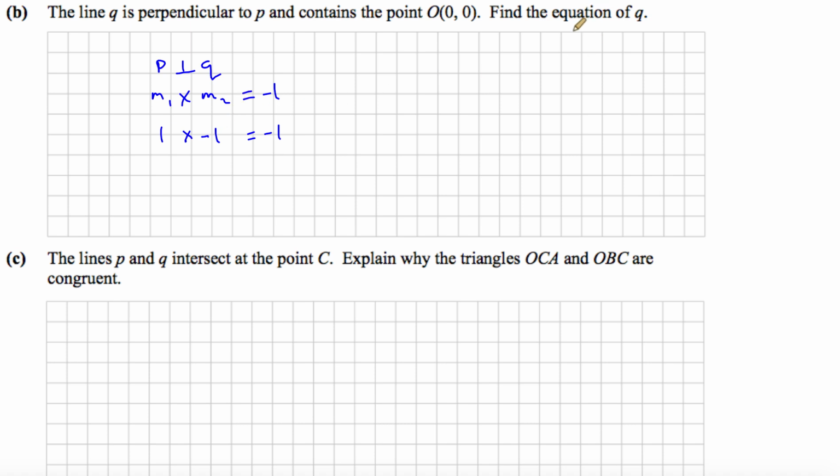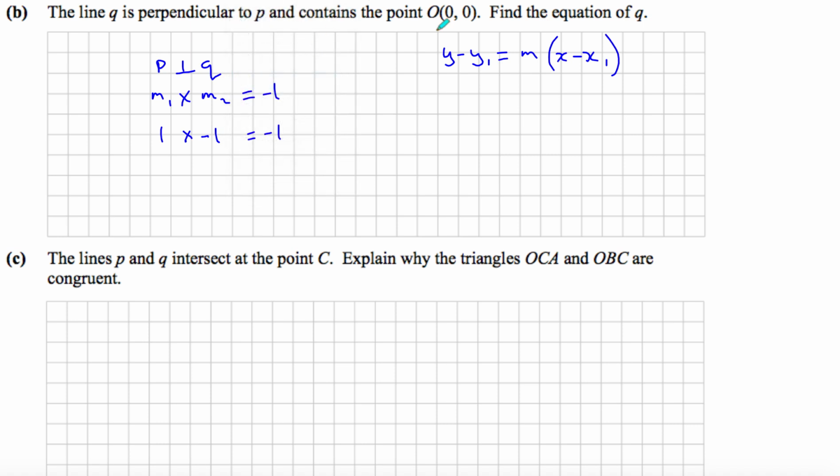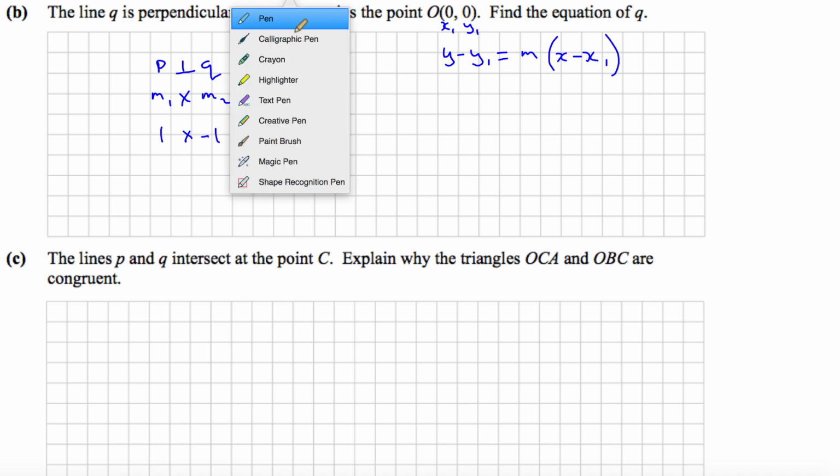And if we're looking for the equation, we can use the same formula that we just used before. y minus y1 is equal to m bracket x minus x1. So this time we have our x1 value there and our y1 value there. This is a point on the line.